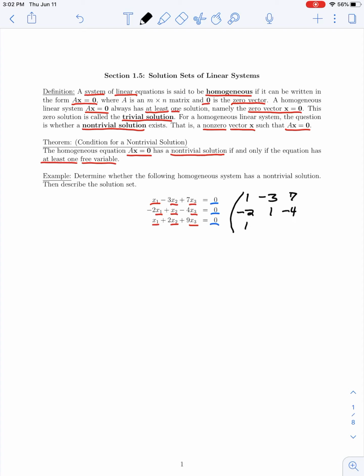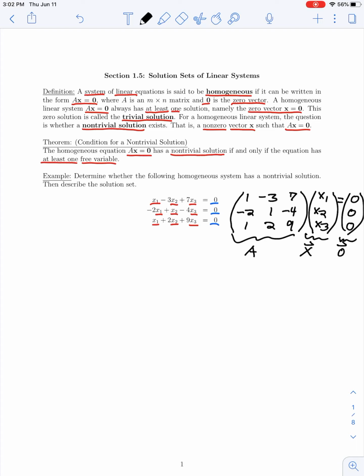And our third row would be 1, 2, 9, times the vector of the unknown variables x1, x2, and x3. This would be equal to the vector of constants on the right-hand side, 0, 0, 0. So here we do have a homogeneous system, something of the form A times a vector x equal to the vector of all zeros, which is called the zero vector.